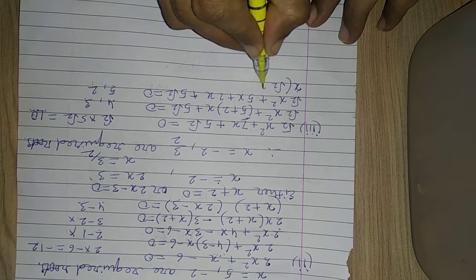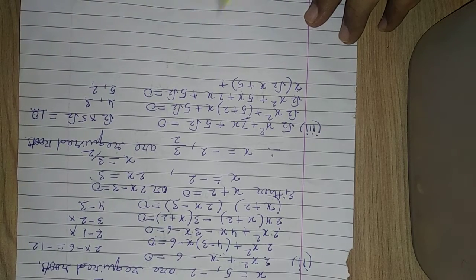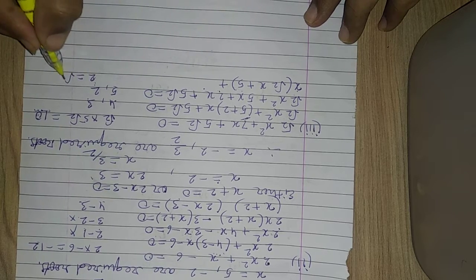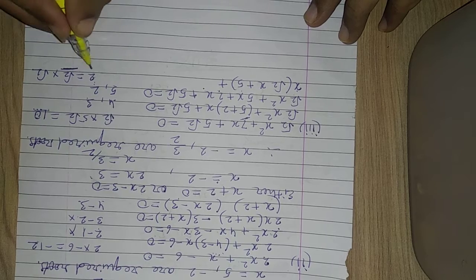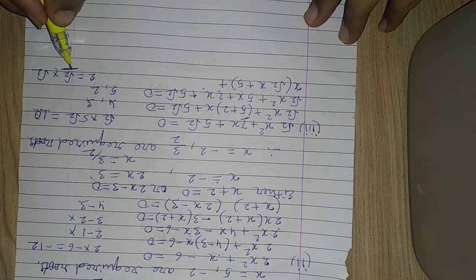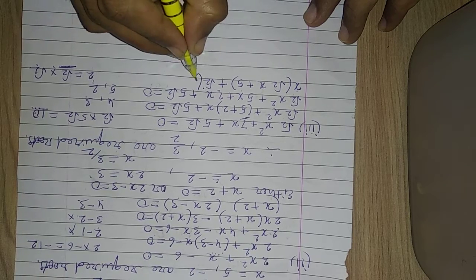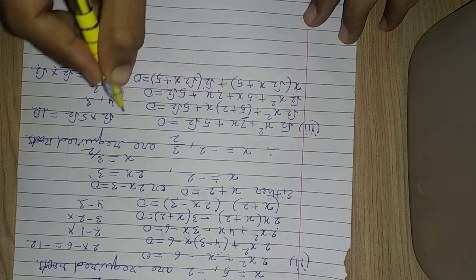So root 2x plus 5. From the last two terms we can take root 2 common, because 2 is equal to root 2 multiplied by root 2. So from 2, if we take root 2 common, what is left? Root 2. So we take root 2 common, it is root 2x plus 5 is equal to 0.